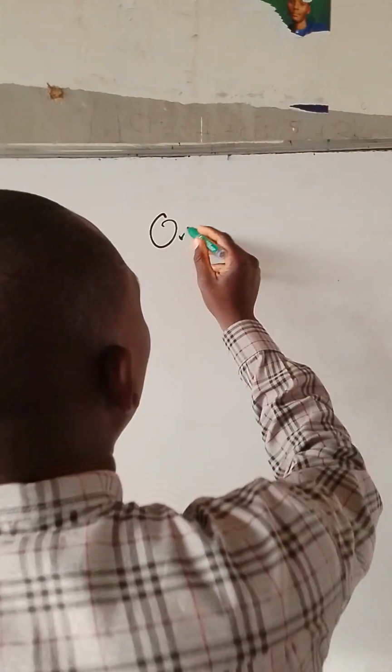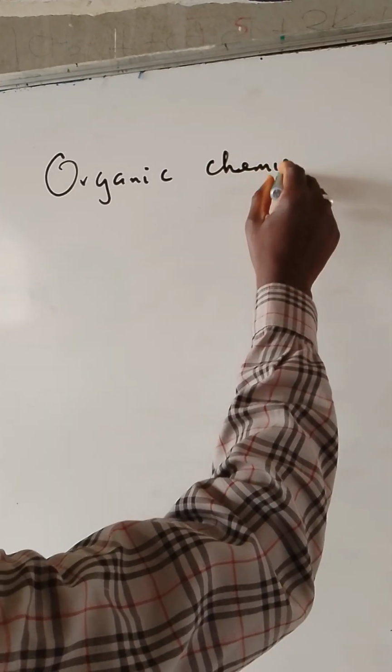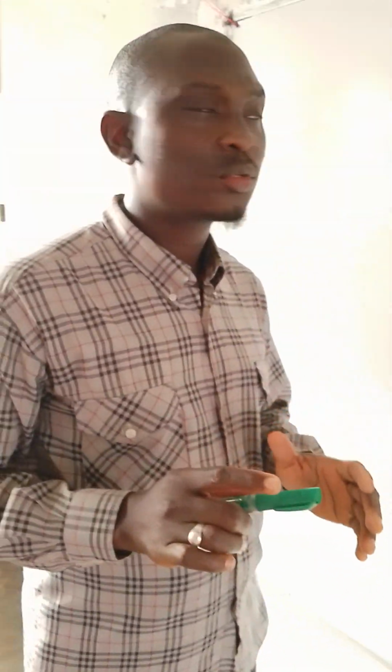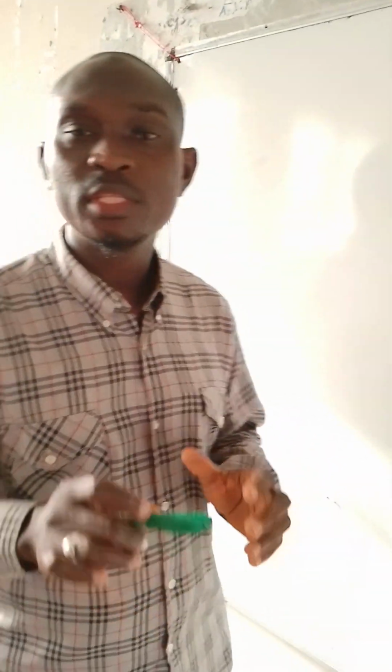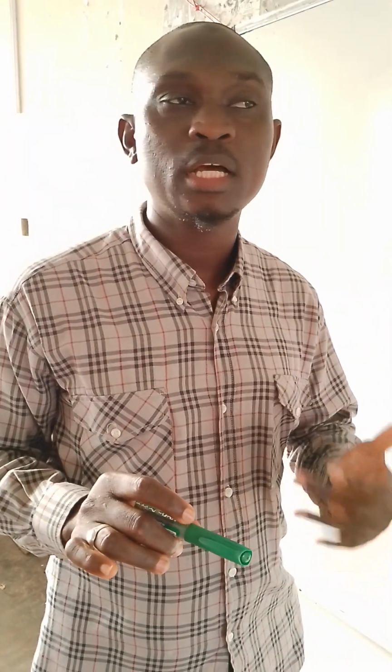We have what we call organic chemistry. Organic chemistry basically refers to a branch of chemistry that deals with the study of carbon compounds only, with the exception of trioxocarbonate (CO3), hydrogen trioxocarbonate, and carbon dioxide (CO2).